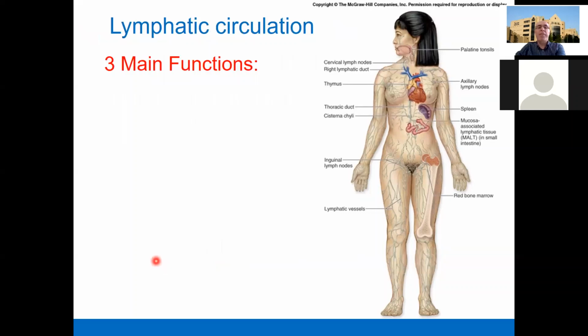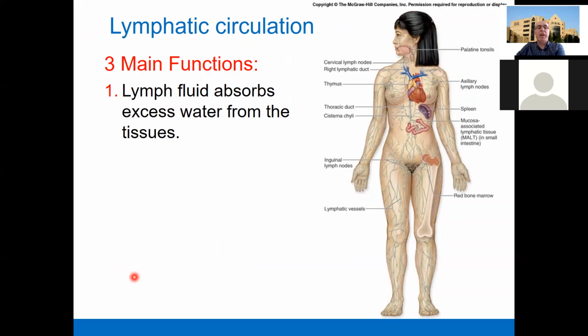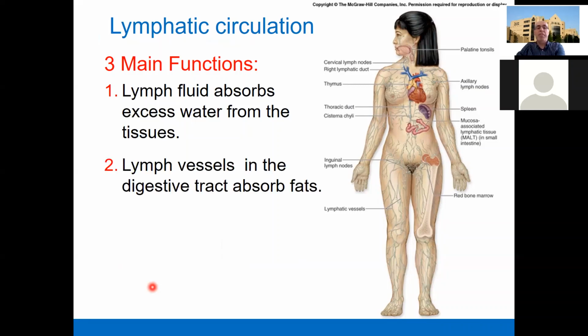Lymph has three main functions. Lymph fluid absorbs excess water from tissues, and lymph vessels in the digestive tract absorb fats. As we know, fat isn't absorbed directly into the blood circulation.